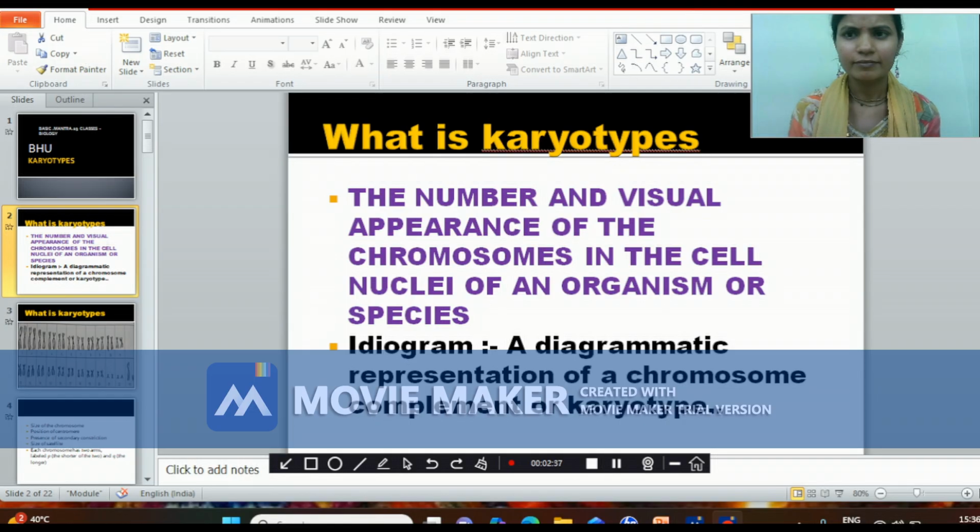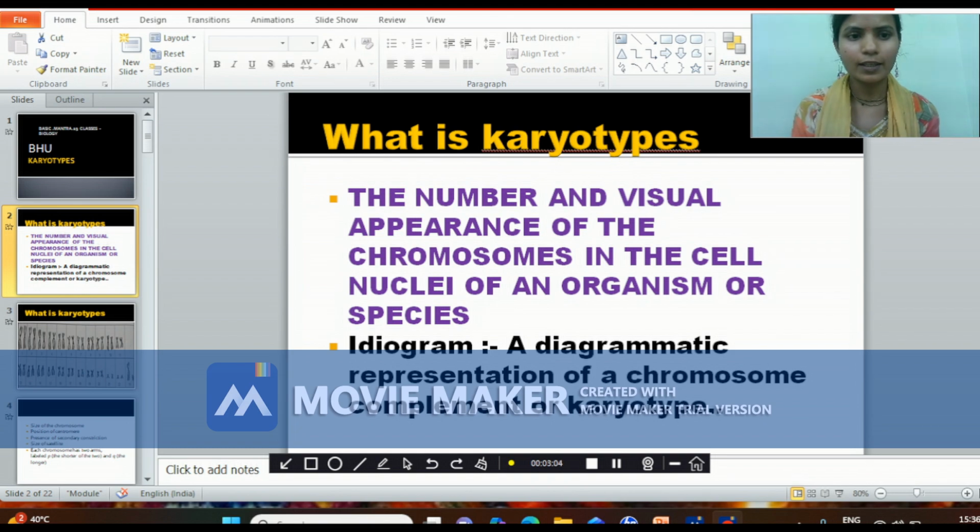We are going to learn about karyotypes. The number and visual appearance of the chromosomes in the cell nuclei of an organism or a species, how chromosomes look in the nuclei, is called karyotype.